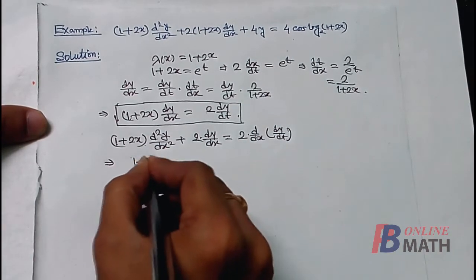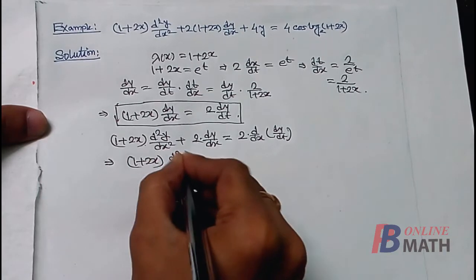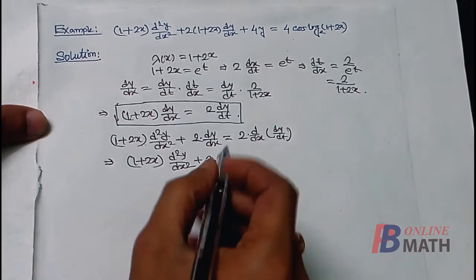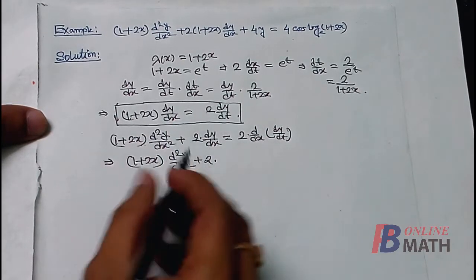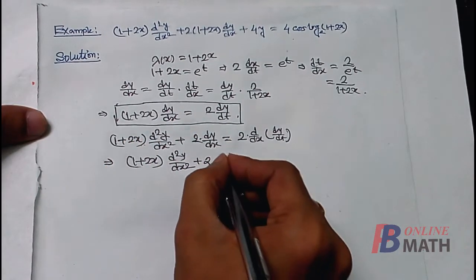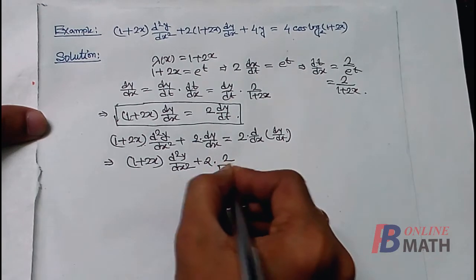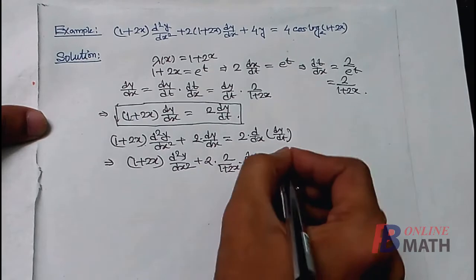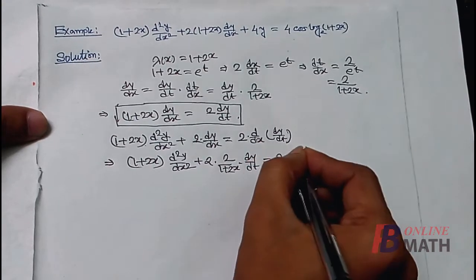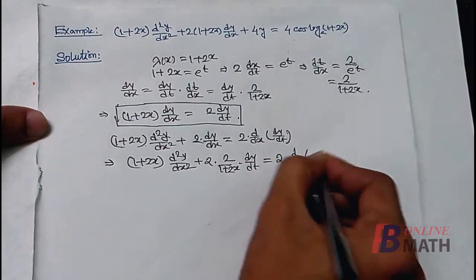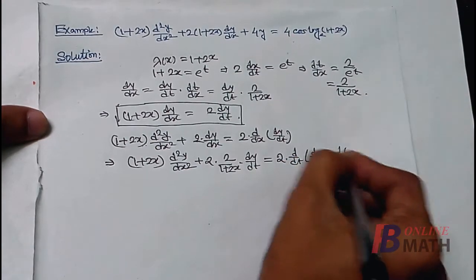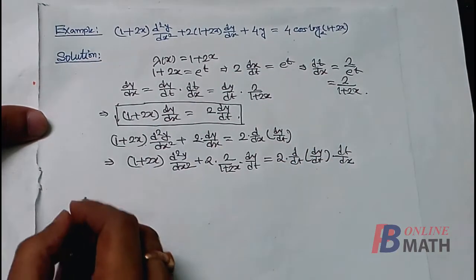So this is 1 plus 2x d2y dx2 plus 2 into, now dy dx is equal to 2 by 1 plus 2x into dy dt, and the right hand side we write 2 into d dt of dy dt, so it will be times dt by dx.